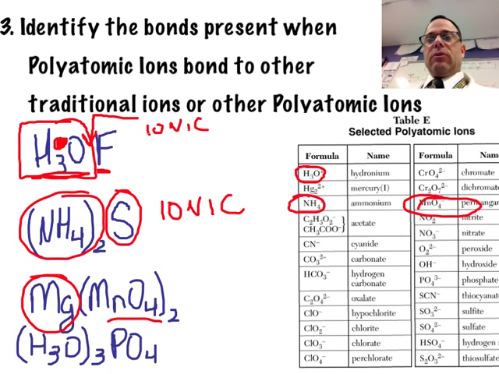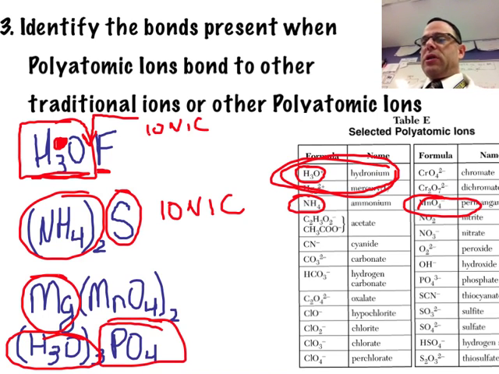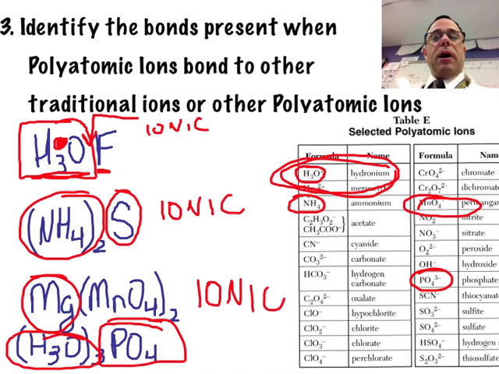And lastly, right down on the bottom, we have hydronium bonded with this PO4, which is phosphate. What's holding the phosphate together to begin with is a covalent bond. What's holding the hydronium together to begin with is a covalent bond. But what's holding these two polyatomic ions together, once again, is an ionic bond.